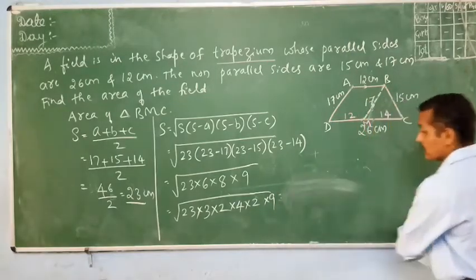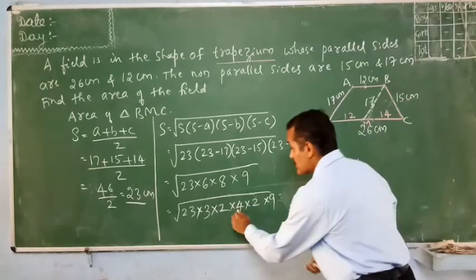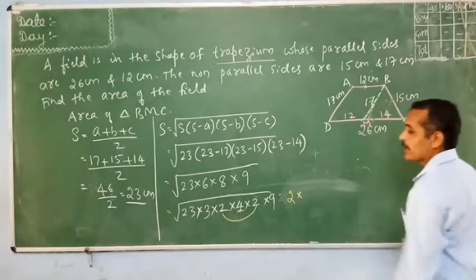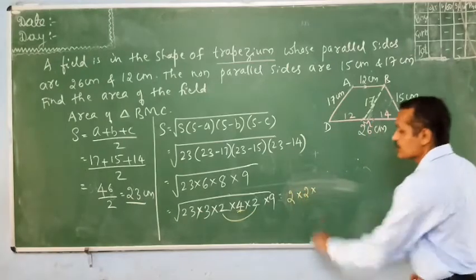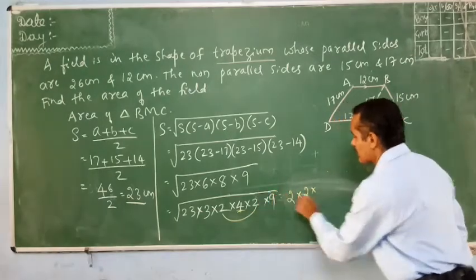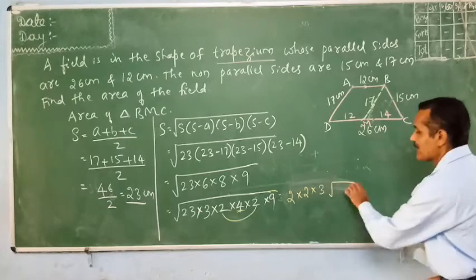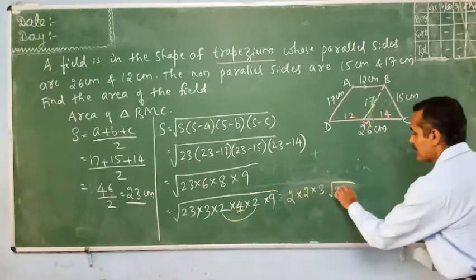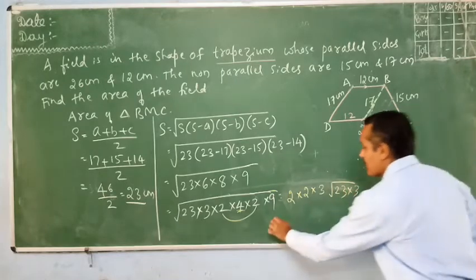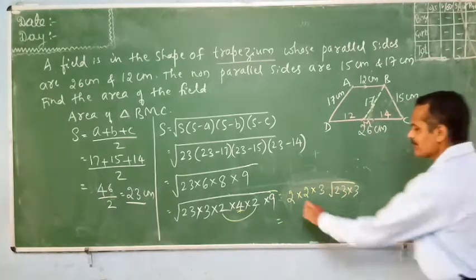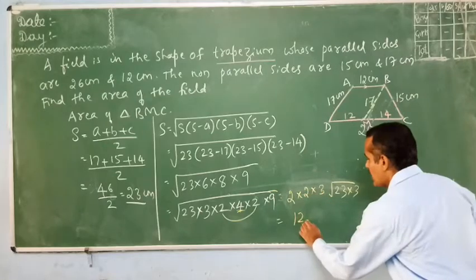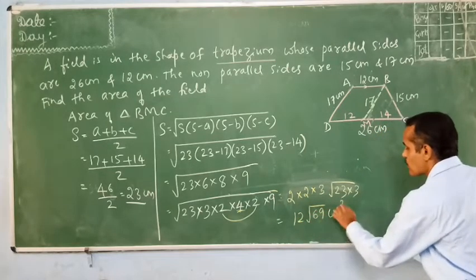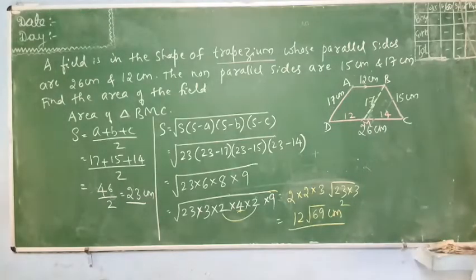Now I can take them outside the root. 4 is a perfect square, so 2 has come out. 2 into 2 is again 4, so one more 2 has come out. 9 is a perfect square, so 3 has come out. What is there inside? 23 into 3. Which is equal to 4 into 3 is 12. 12 root 69 centimeter square.